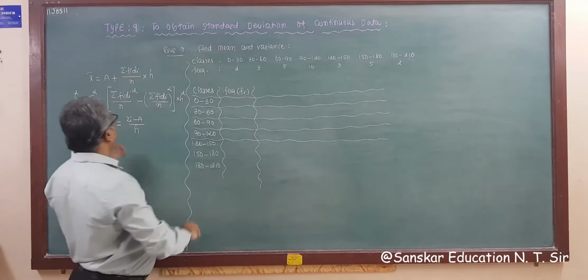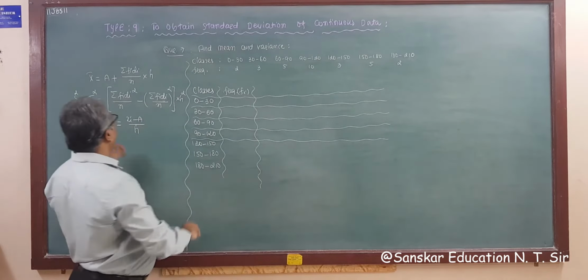And for this formula, now we need the assumed mean. For that we require xi, and here classes are given. So what is xi? You know xi is the mid value of the class. For the class 0 to 30, 0 plus 30 is 30, divide by 2, mid value means divide by 2. So this is 15. So the mid value for this class is 15.